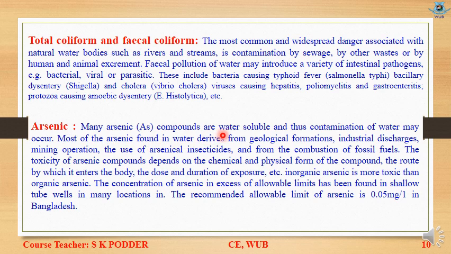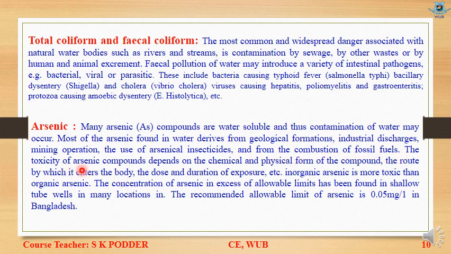Many arsenic compounds are water soluble, and thus contamination of water may occur. Most of the arsenic found in water derives from geological formations, industrial discharges, mining operations, the use of arsenical insecticides, and from the combustion of fossil fuels.